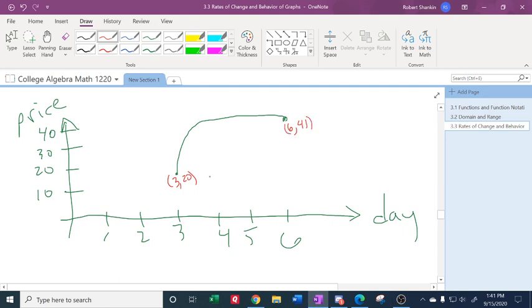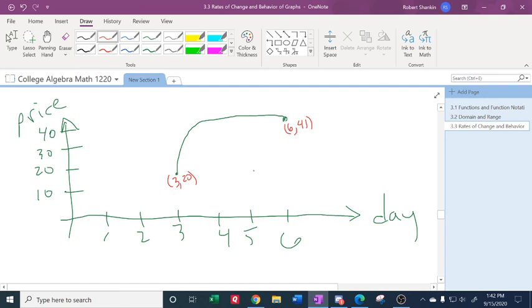But notice how it got there. Almost all of the increase was in that first day. Even the first half of the first day. And then it stayed relatively the same through the rest.